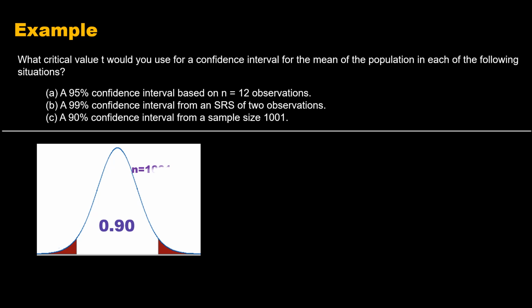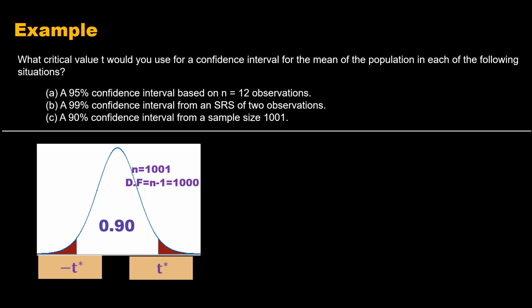Then I will give the number, but make sure the sample size is 1001, so degrees of freedom is 1000. So please go to 1000 and at the top 90%. Then what is the T star? T star is 1.646. Please try by yourself, then you will understand. Thank you.